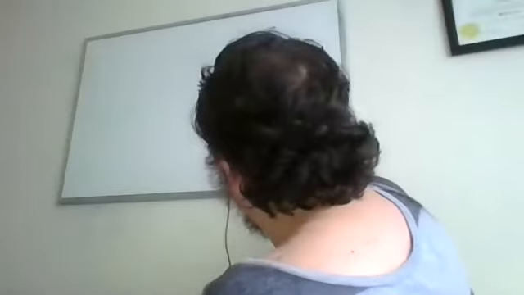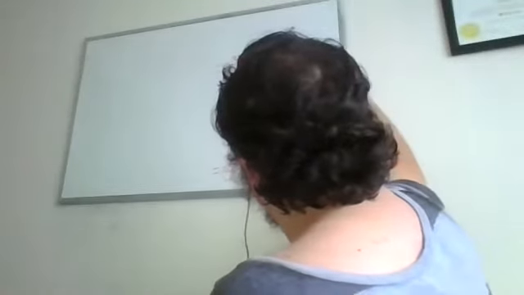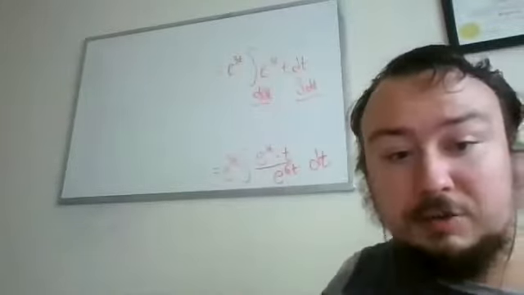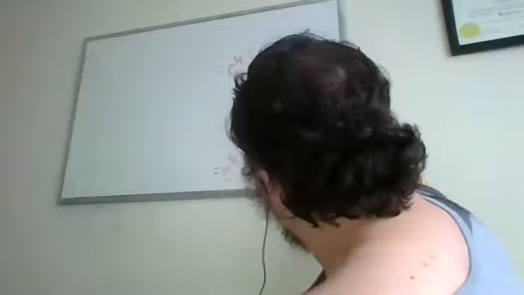So here's our derivative column. Here's our integral column. We're definitely going to put the polynomial in the derivative column. So we have t, 1, and 0. And we have e to the negative 3t, e to the negative 3t over negative 3, e to the negative 3t over positive 9.